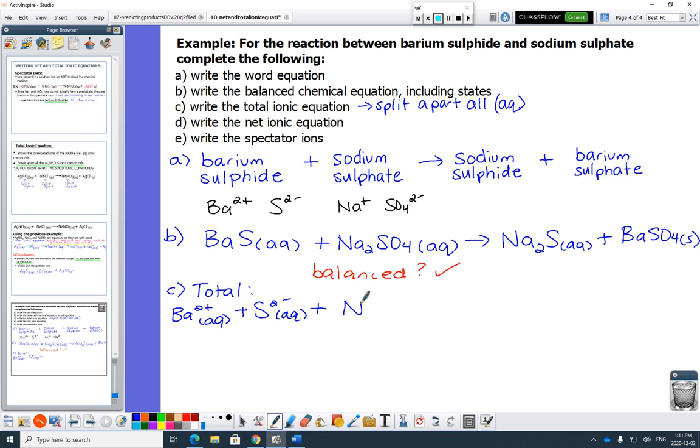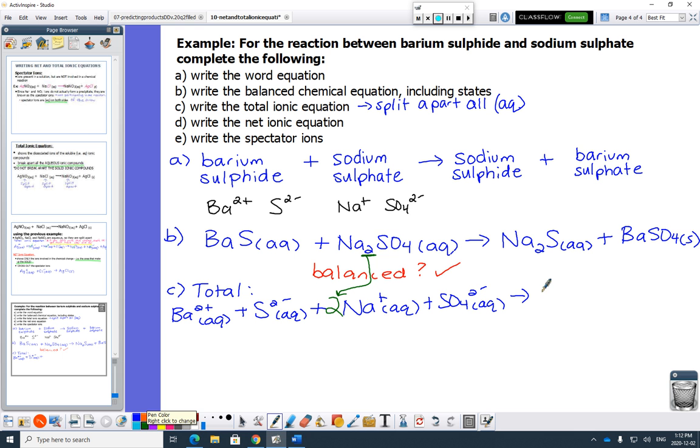I'm going to use a different color. We write it as a coefficient. So then it doesn't look diatomic, okay? So now on the product side, same thing. You don't need to write the coefficients a different color, but I'm just trying to emphasize it, okay? So I'll do the same thing here.